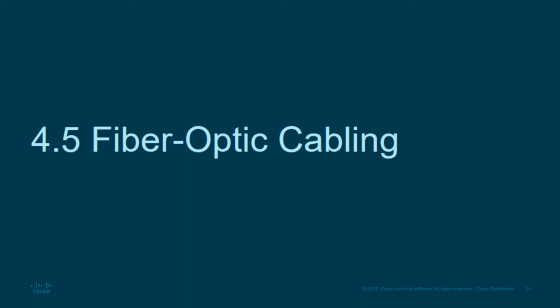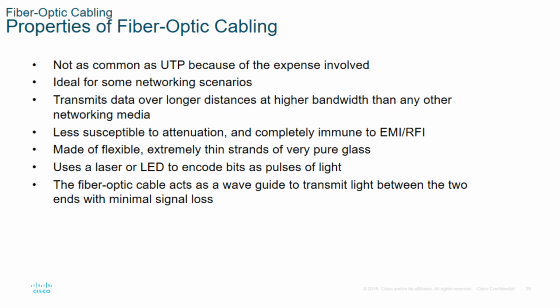As you have learned, fiber optic cabling is the other type of cabling used in networks. Because it is expensive, it is not as commonly used as the various types of copper cabling, but fiber optic cabling has certain properties that make it the best option in certain situations, as you will discover in this topic. So a fiber optic cable transmits data over longer distances and at higher bandwidth than any other networking media.